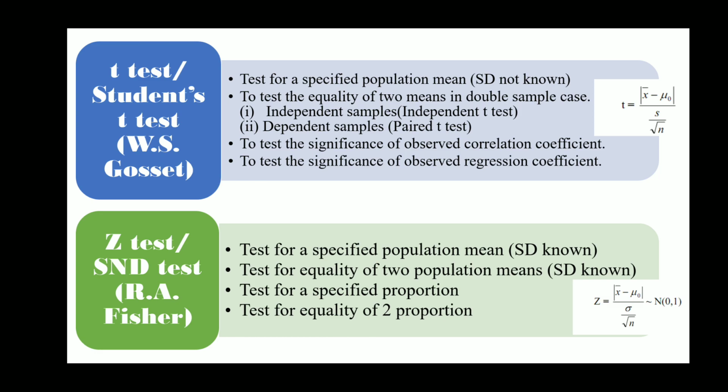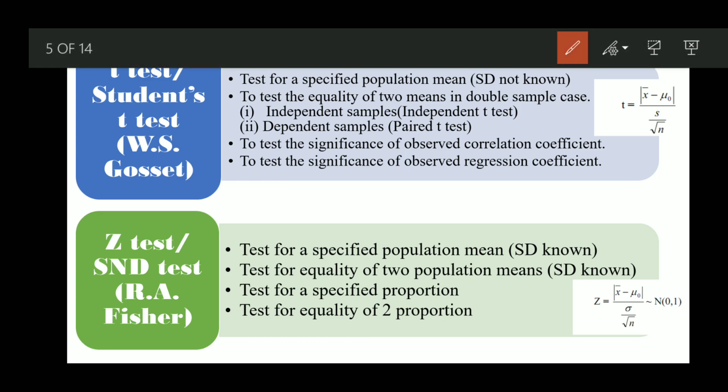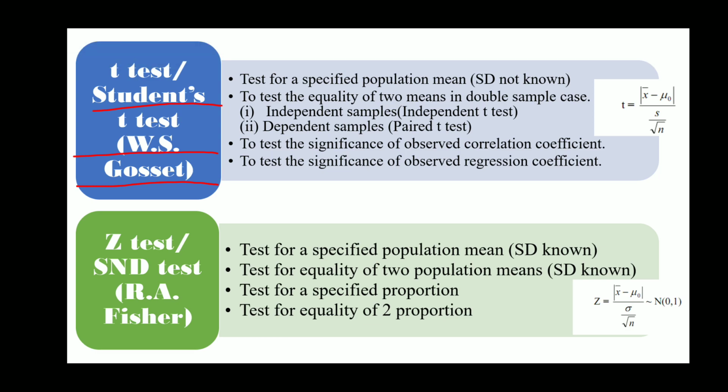Now applications or use of the T test. Why should we use those tests, when to use, and for testing what? Basically these are some hypotheses, and before that we should know the t test is also known as the Student's t test, which was given by the well-known scientist W.S. Gossett. The first application of the t test is to test for a specified population mean.